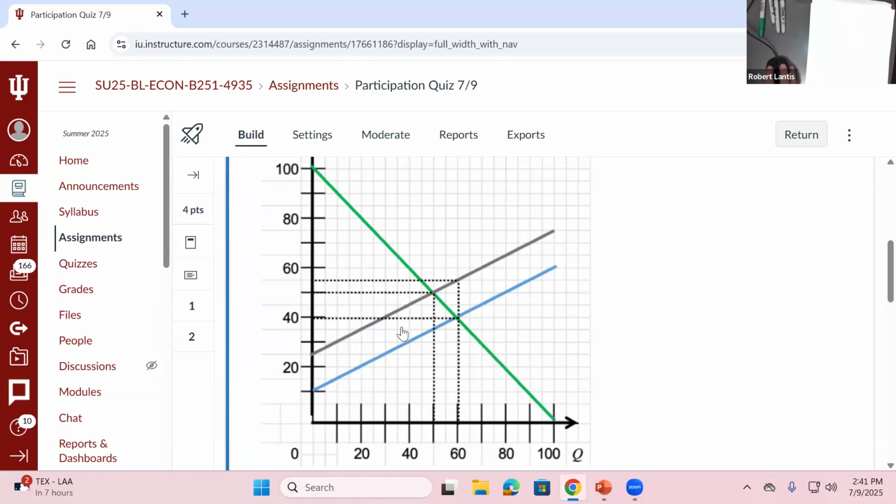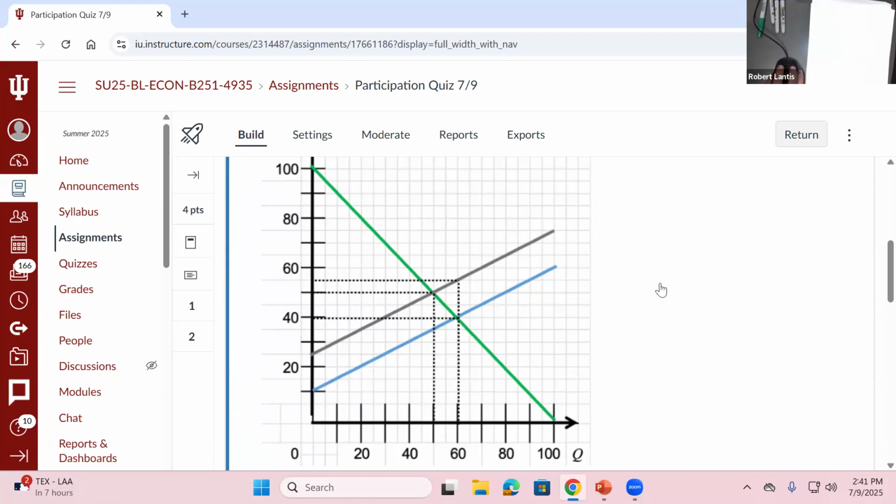One of my upward sloping curves is supply, or the private marginal costs. I said we always model negative externalities through the supply curve because they're additional costs to society. If it's an additional cost, society's marginal cost must be higher. So this gray line should be our marginal social cost, and this blue line would be our private marginal cost, or the supply curve.